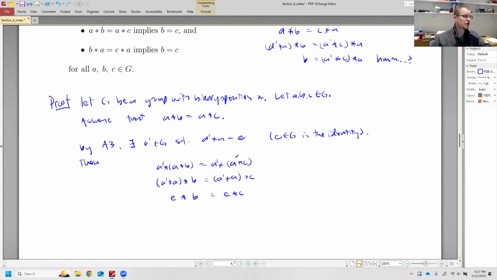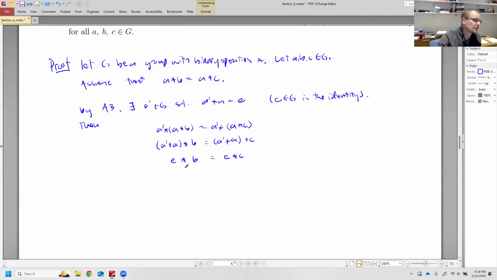So this first step requires the first axiom be true. This next step requires the third axiom be true, and the second, I guess, because we need the identity. So within the second axiom, I know that E star B is equal to B and E star C is equal to C. So I get that B is equal to C.